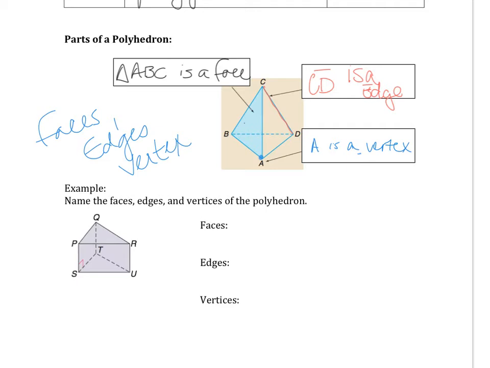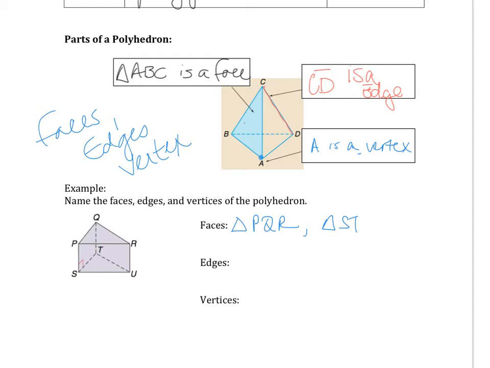Looking at our first example here, we're going to name those faces and edges. So again, faces are those shapes or polygons that make up the sides. For this particular one, I'm not going to outline it, it'll get too messy. So my faces, I've got a top and a bottom face. So we've got triangle PQR for the top of this polyhedron. I've got triangle STU for the bottom of this polyhedron.